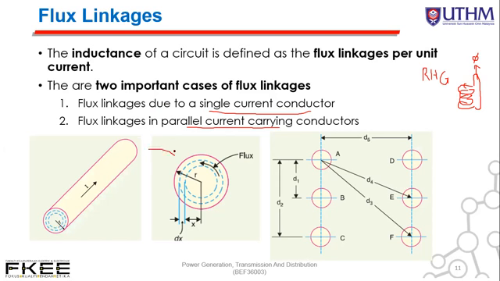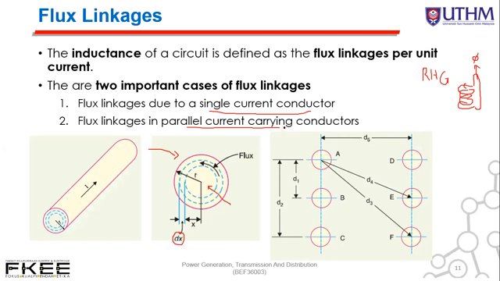From this figure we can see that the flux flows near the surface of the conductor, while there is no flux flow in the middle of the conductor due to the skin effect. The flux also varies based on the distance of the radius and the flux linkage surrounding the conductor.